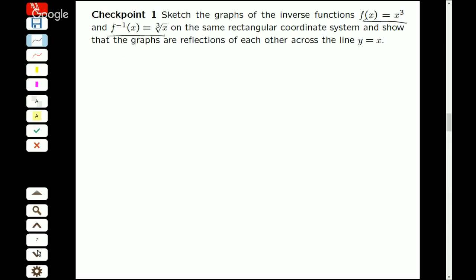Once you get the x cubed graph, guys, reflect that graph across your line y equals x, and you'll get your cube root of x. Very close, actually. Just a little bit too much up. Oh, yeah. Very close.